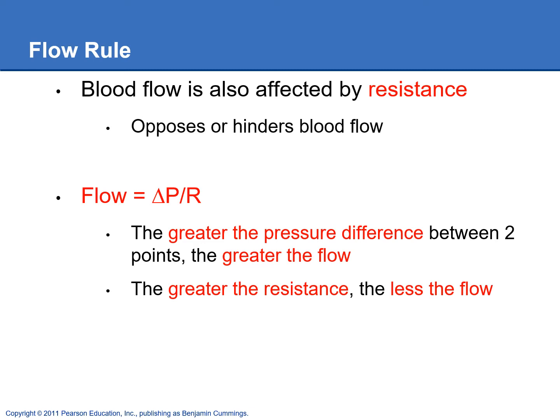A wide straw would be like the blood vessels being vasodilated, and when you go to drink your water, you would get a lot of flow through the wide straw. But drinking out of the narrow straw would be like vasoconstriction. The blood is going to rub up against the sides more than if you had the wider straw, and so you're going to have more resistance to flow, and you get less flow through the narrow straw or the vasoconstricted blood vessels.